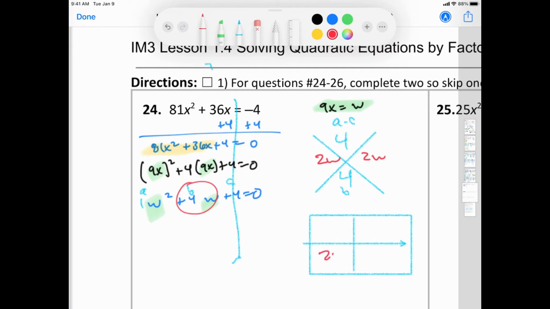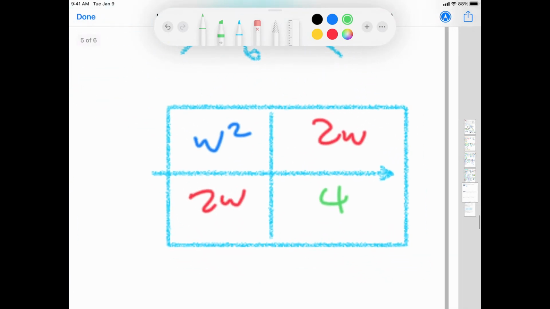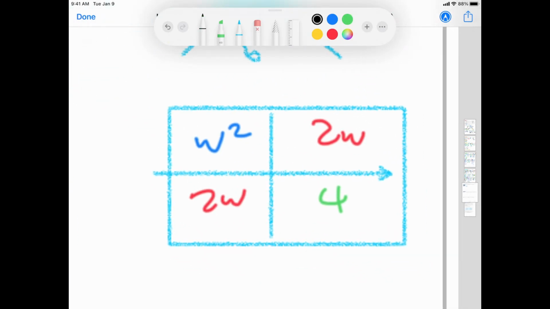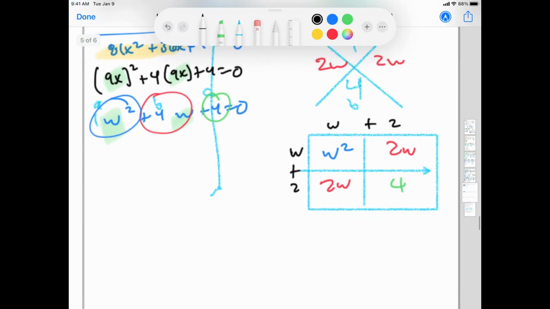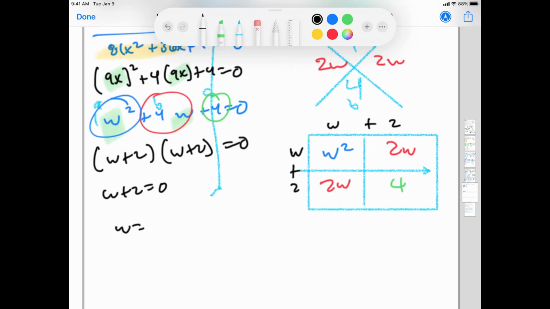So 2w and 2w. This one always goes top left. This one always goes in the bottom right. And then we just take our greatest common factor. So w, 2, w, 2. You'll like those in the future. W2s, all your taxes. Separate the binomials, set it equal to 0, solve.